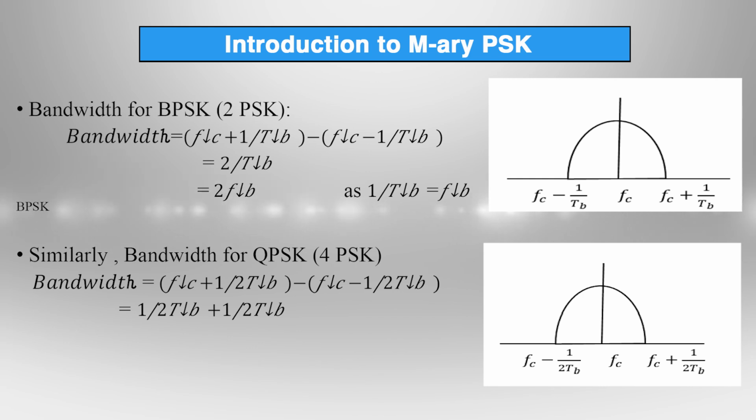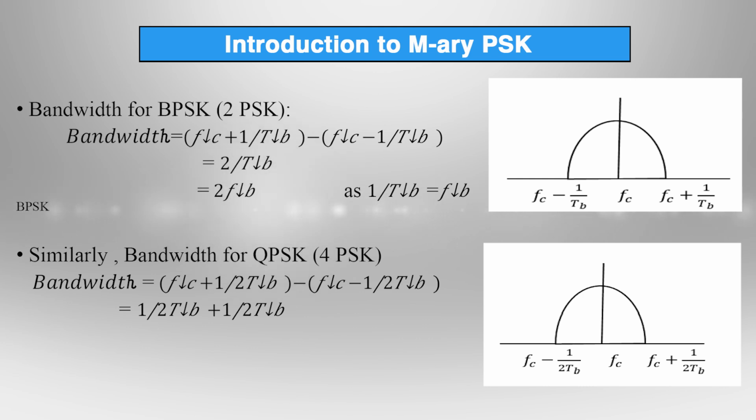The term Fc is used as the carrier signal cos 2 pi Fc t, which is modulated according to the digital signal, where the bit duration is Tb. As we know, the bandwidth can be defined as the difference between the upper sideband and lower sideband, or upper frequency and lower frequency.